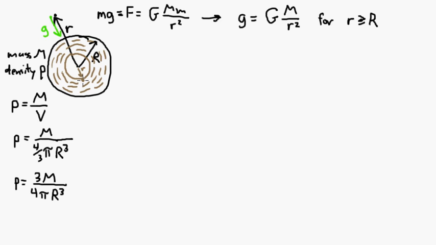But all this stuff inside here, and I guess I can do that in light blue, which is a totally realistic color, all this light blue stuff, you do feel gravity from. So what you feel here is gravity as though you are standing on a planet with a radius of little r, and here's your point, with the same density, but a smaller radius.